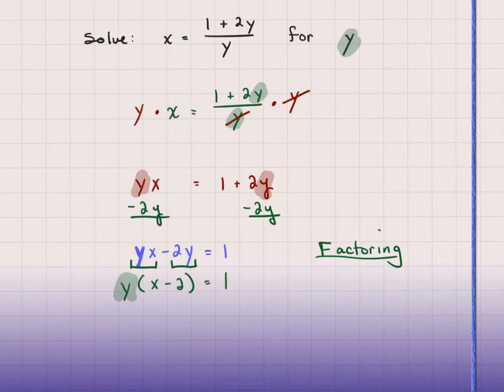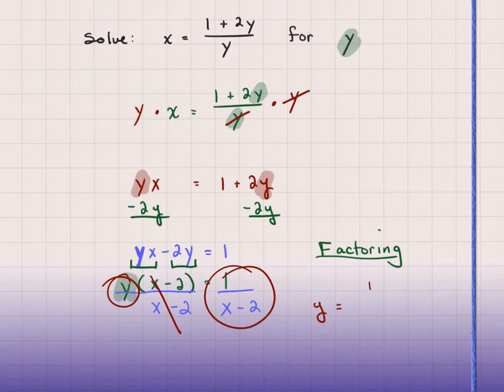With the x minus 2 through multiplication. How do I undo multiplication? I divide. Again to both sides. And so lastly I'm left with, these would just cancel, leaving me with the y on the left, and on the right hand side 1 over x minus 2.